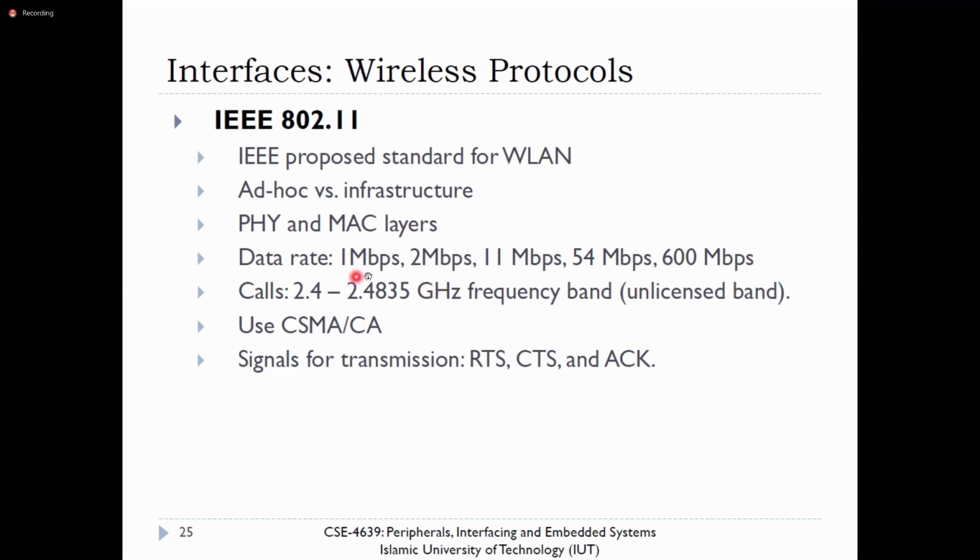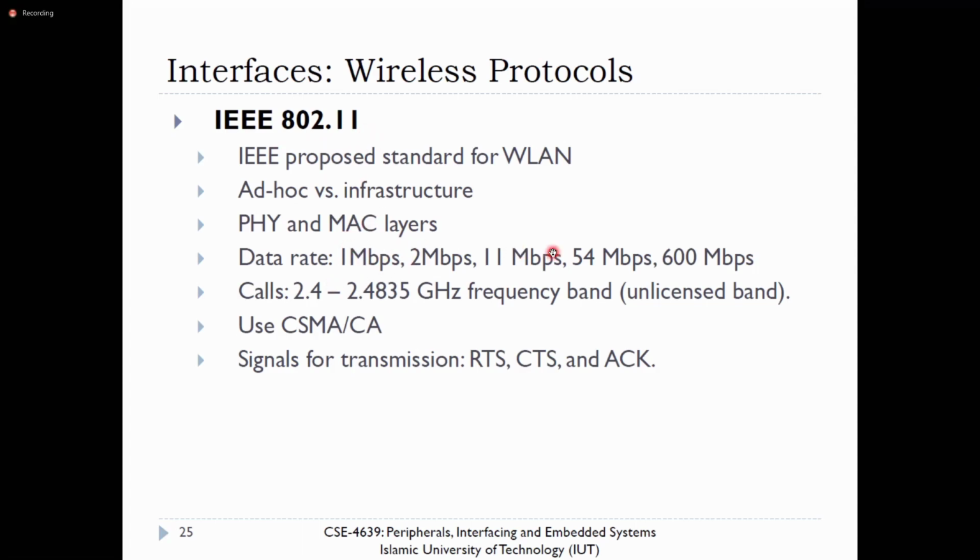The maximum speed nowadays, the latest version of 802.11, can support up to 600 Mbps, and we are looking for gigabit per second data rates. But it started with 1 Mbps, the very earlier version in 1997, the 802.11, started with a 1 Mbps data rate.